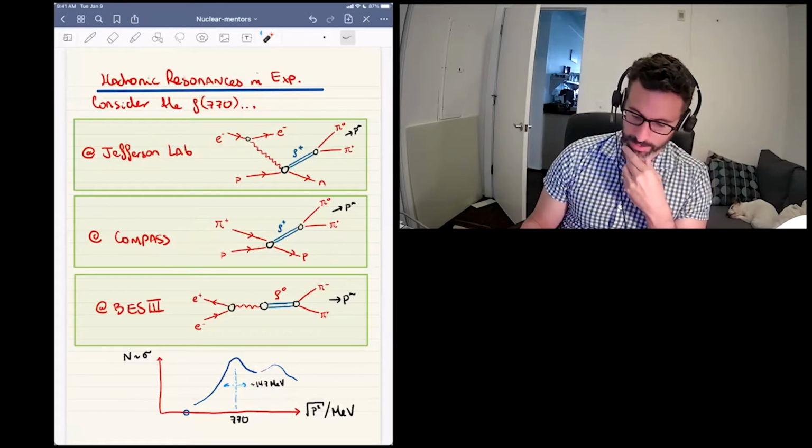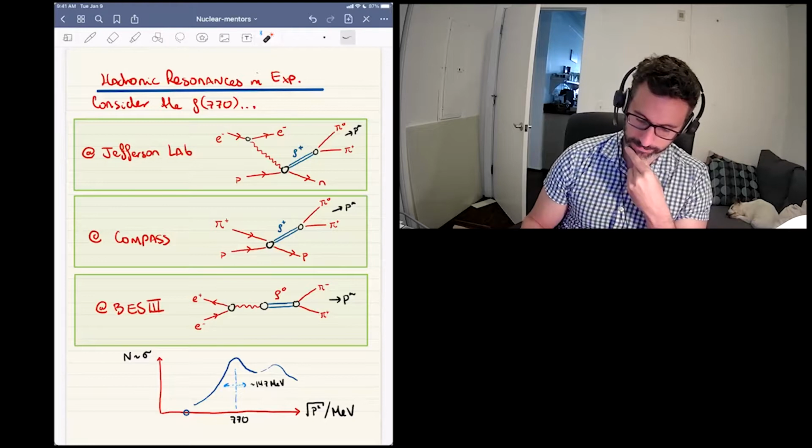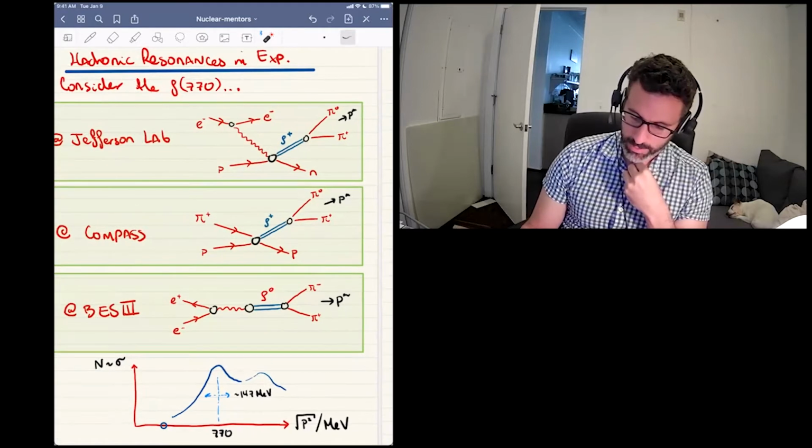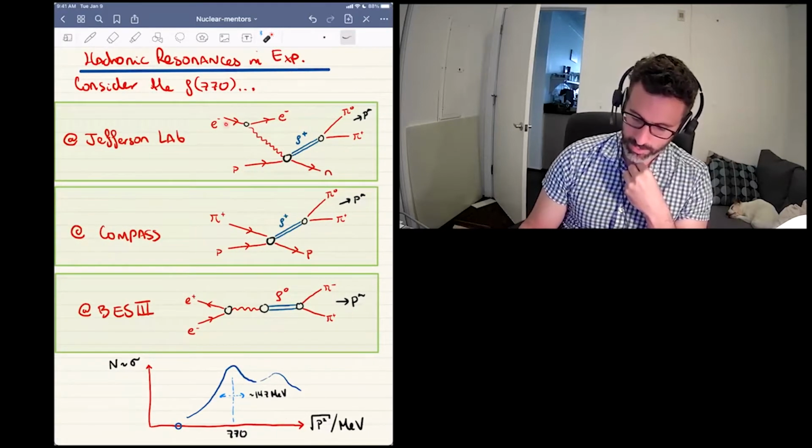I considered the scenario in Jefferson Lab, in COMPASS out at CERN in Switzerland, BESIII in Beijing, China. And here I considered the different scattering processes where you have some initial state. So time is always flowing from left to right. So here you have some initial state.